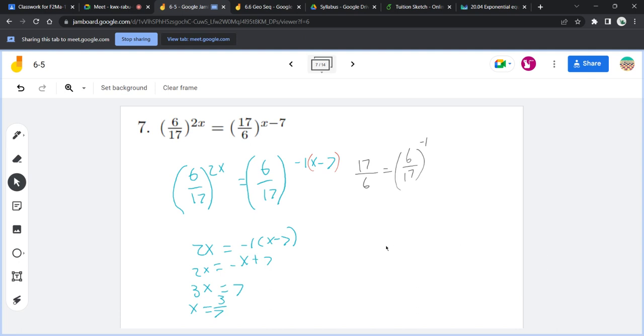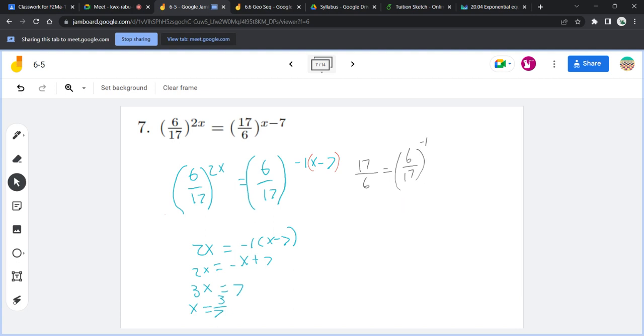Okay, so the answer is wrong, and that is the mistake you made in the first part. So we need to replace this 7/6 with 6/7, and we take another power negative one.